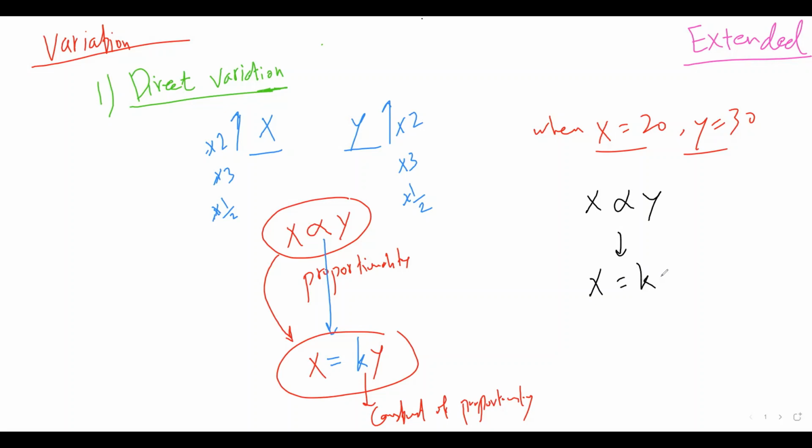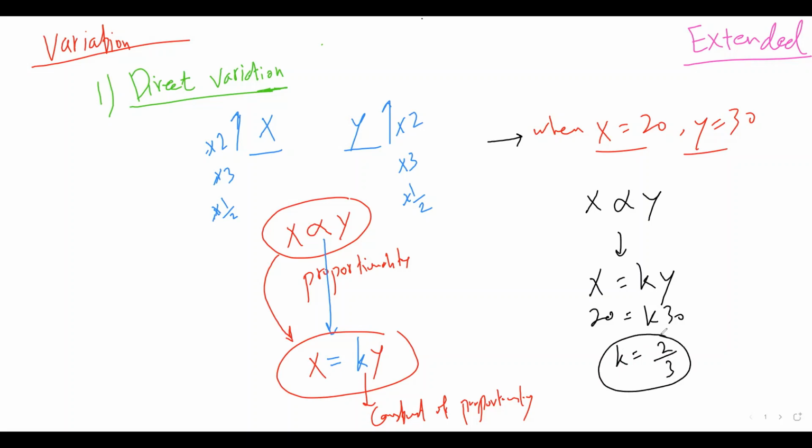Don't forget to add the constant of proportionality on the right-hand side. Now you apply this condition in order to find K. Just replace the values of X and Y, and that helps you find K, which is 2/3.